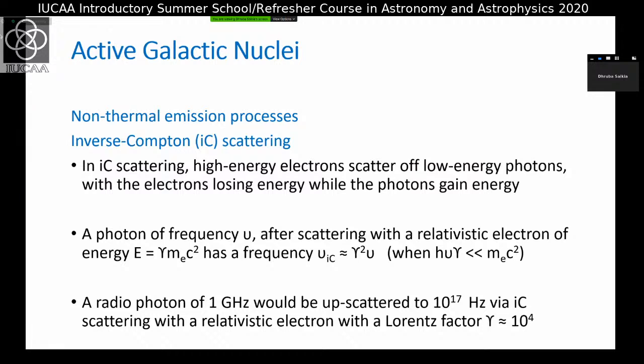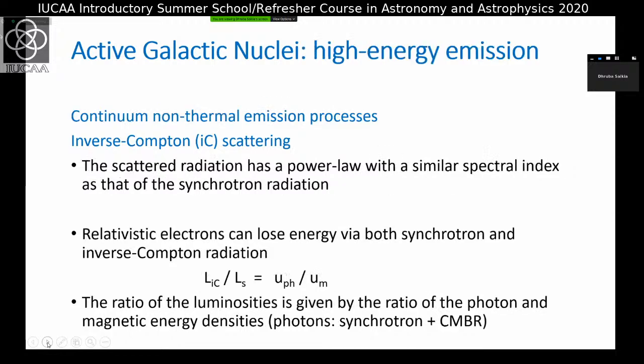So inverse Compton scattering with microwave photons is also a significant effect, and that becomes particularly important when one tends to go towards higher redshifts. Okay, and these two processes both lead to loss of energy of the relativistic electrons, because they're both losing energy, and the scattered radiation has a similar power law spectrum as that of synchrotron radiation.